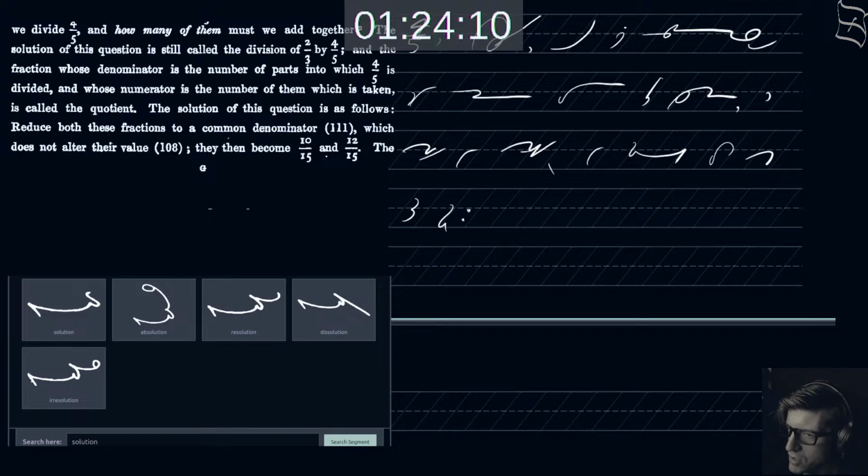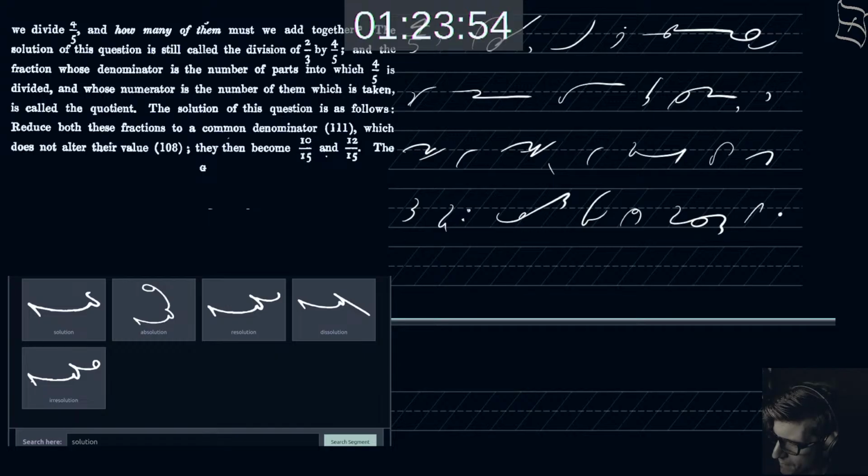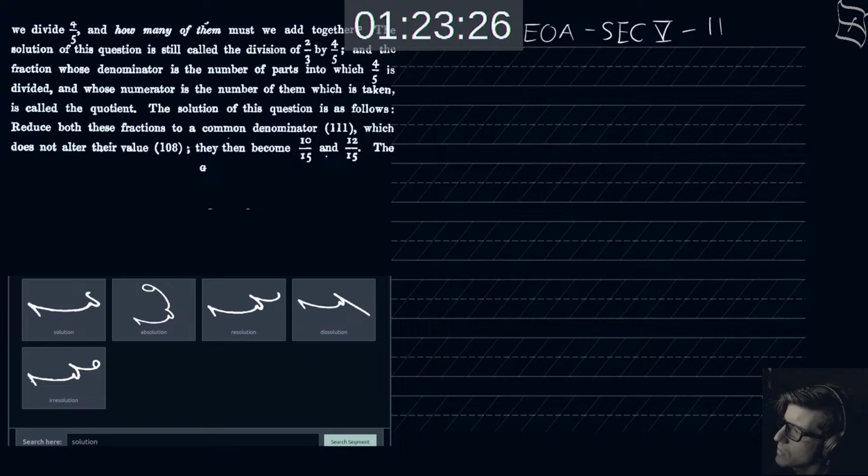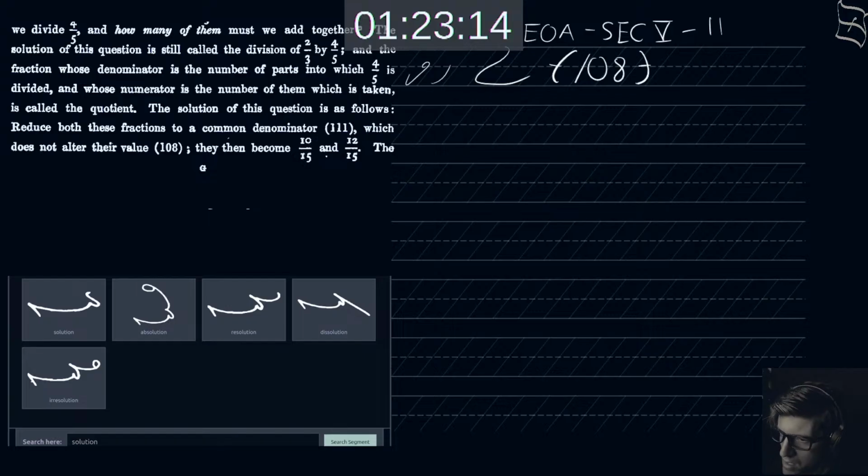Reduce both these fractions to a common denominator, according to Article 111, which does not alter their value, according to Article 108.